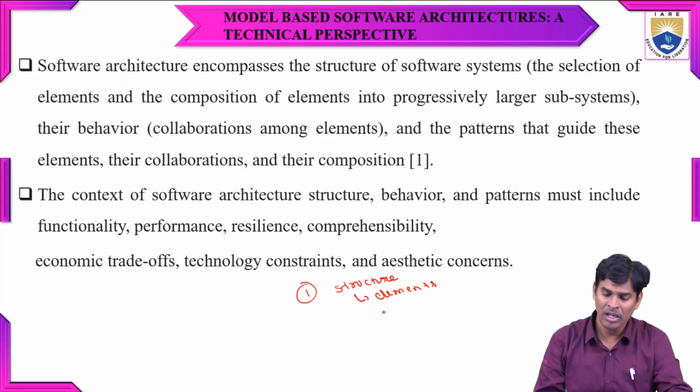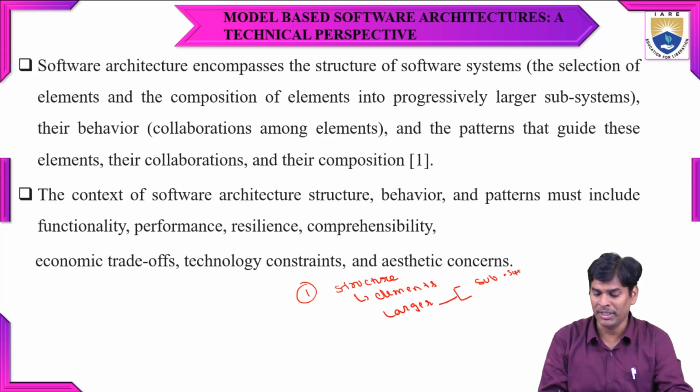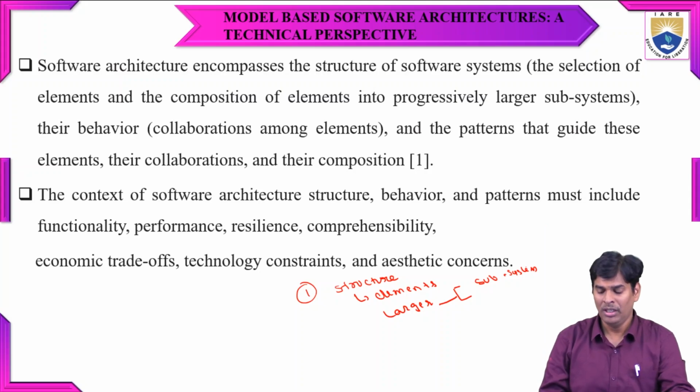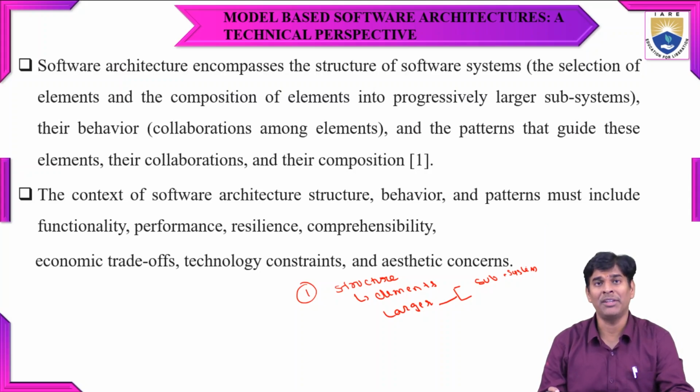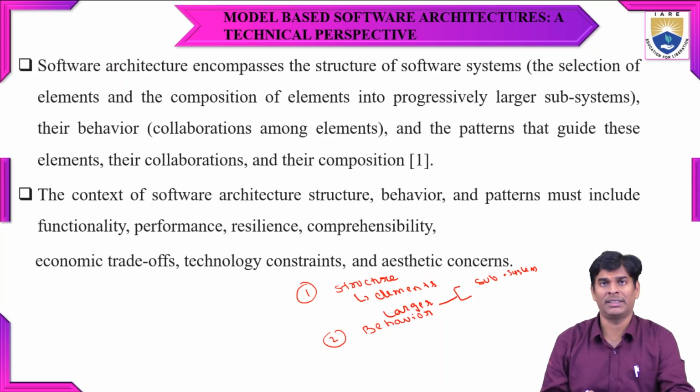If a component is very large, then we need to divide it into smaller subsystems of components. We also need to verify behavior, which is very important because behavior tells how the information flows and the relationship among the elements.